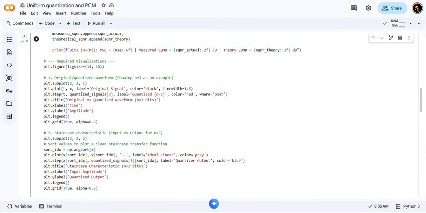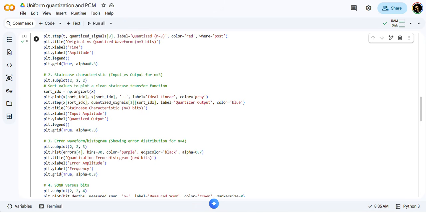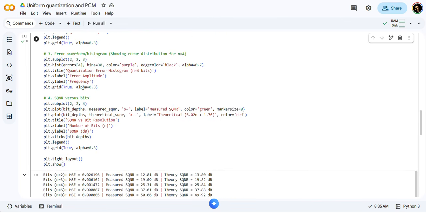Plot 1 overlays the blocky 3-bit signal on top of the smooth original. Plot 2 plots input versus output to show the classic staircase function of a uniform quantizer. Plot 3 proves that quantization noise is roughly uniformly distributed across the bins, which is a key assumption in digital signal processing (DSP) math.